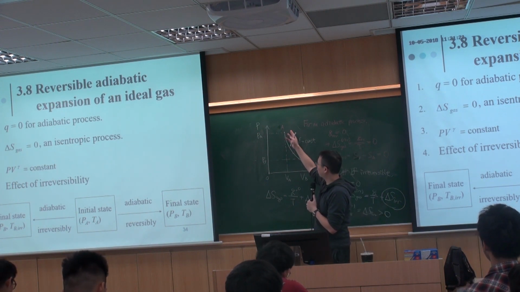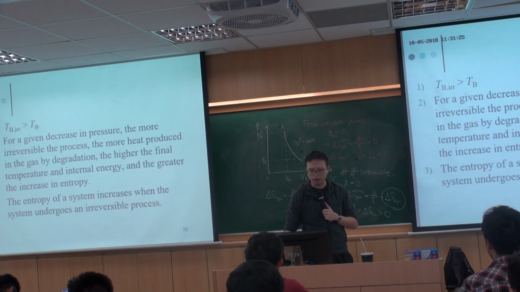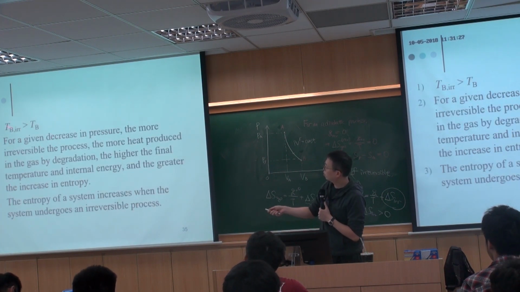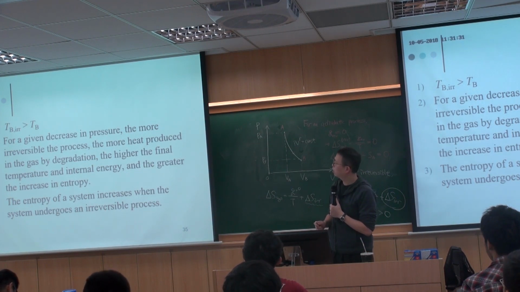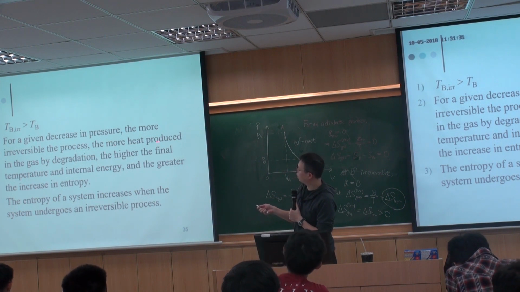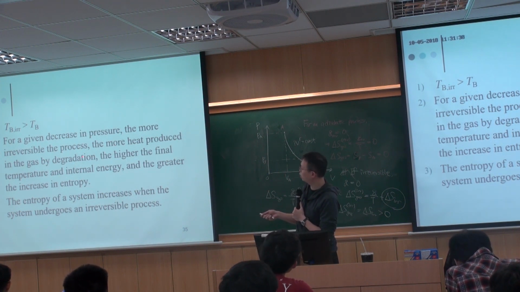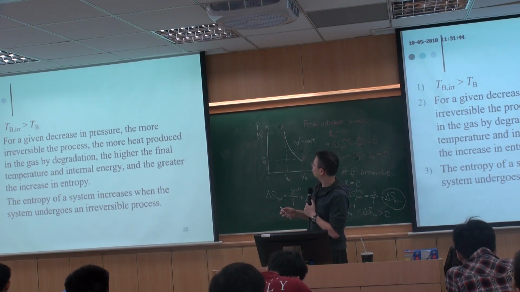Therefore, when you go from state A to state B, the temperature will actually become higher than in the adiabatic reversible process. So that is the reason why it states here that the more heat will be produced in the gas by degradation, therefore the higher the final temperature and also the internal energy.